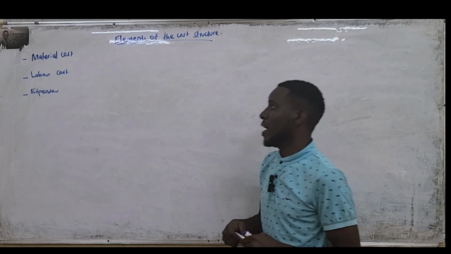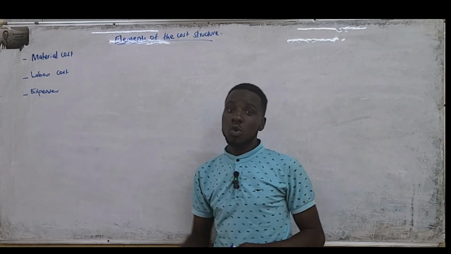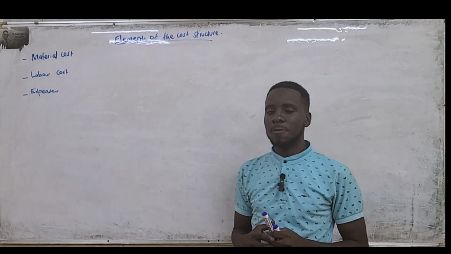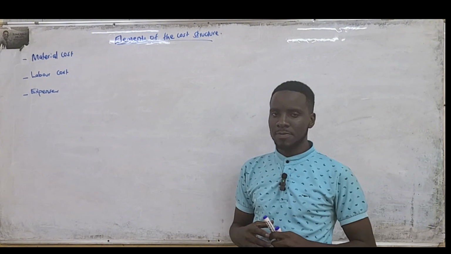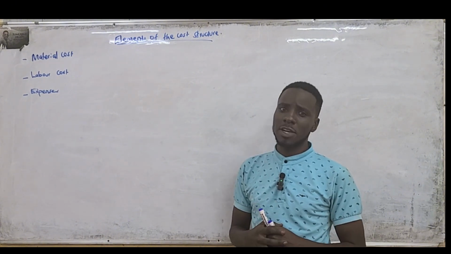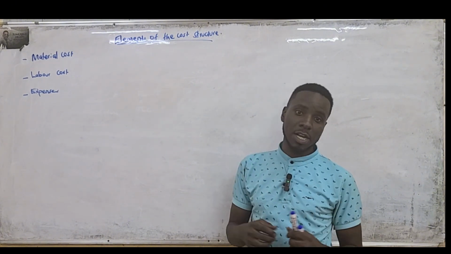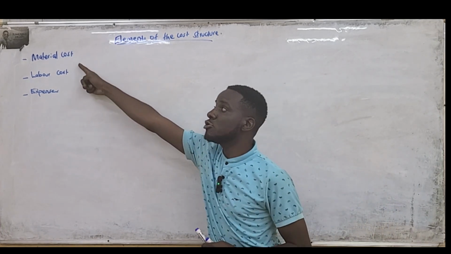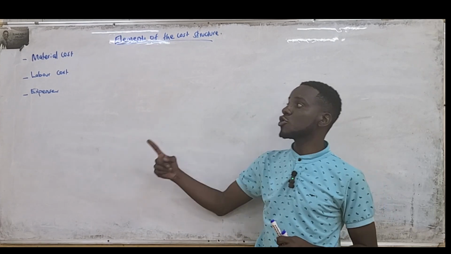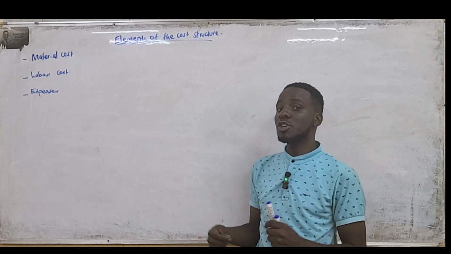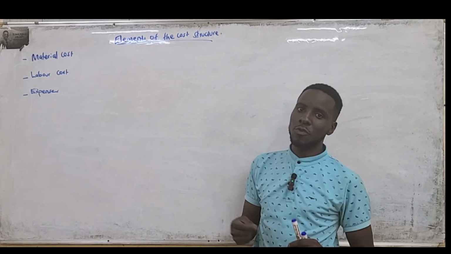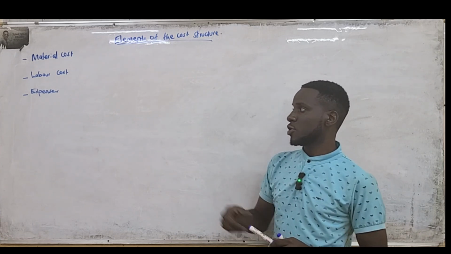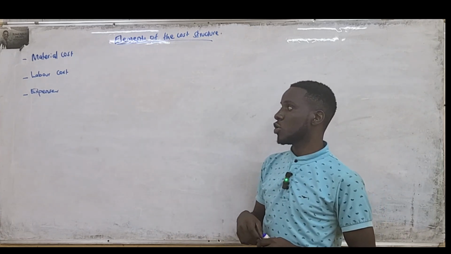Now I told you that material cost, this is the cost of the physical substances that are being used in the production of goods and services. So that's what we call material cost.